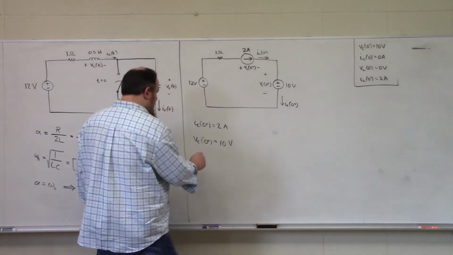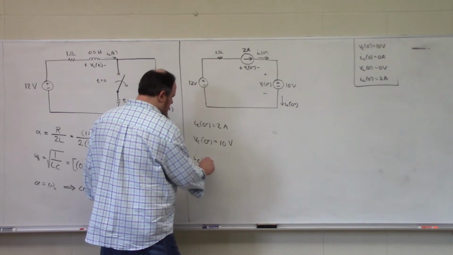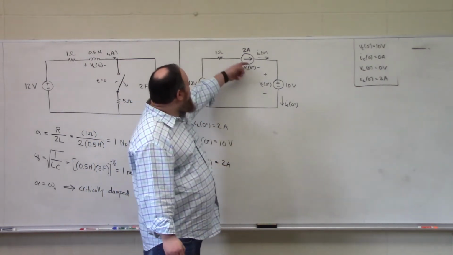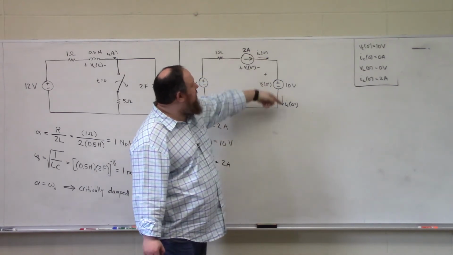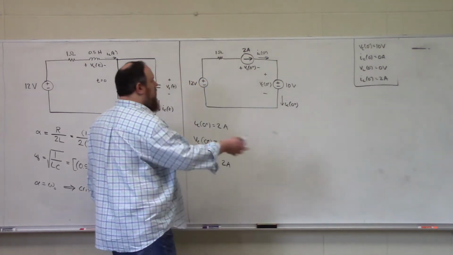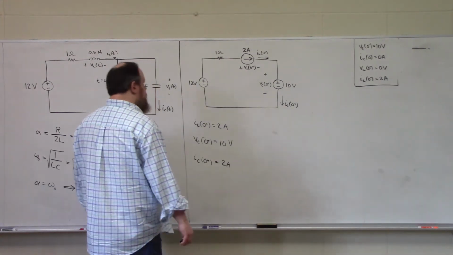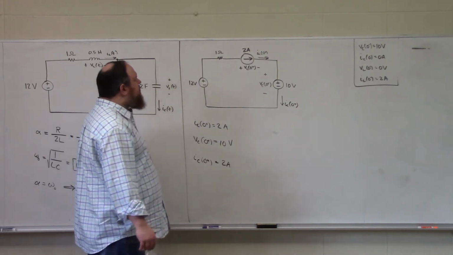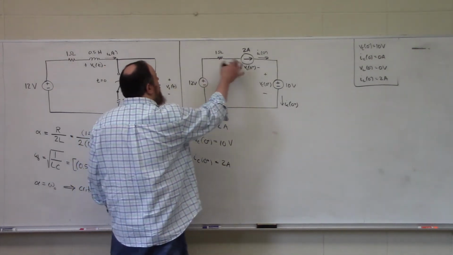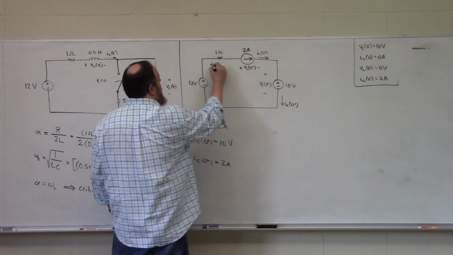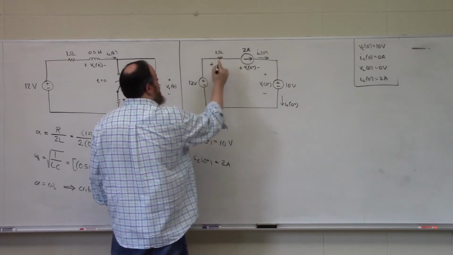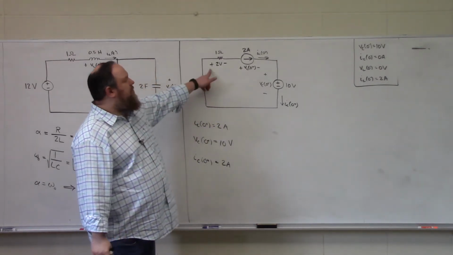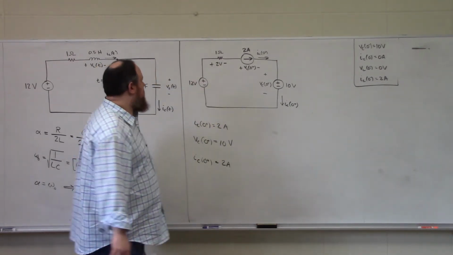We can see that IC at 0 plus is 2 amps. And that's because if we have 2 amps of current flowing here, and everything is connected in series, then all of our currents must be 2 amps. And lastly, we need to figure out what the inductor voltage is. So if we know that 2 amps flows through this 1 ohm resistor, flowing into this terminal and exiting this terminal, then there is a 2 volt drop over the resistor, positive polarity on the left, negative polarity on the right.